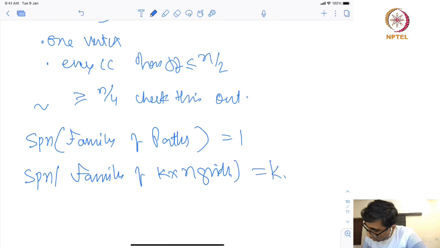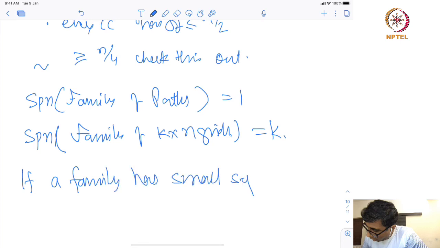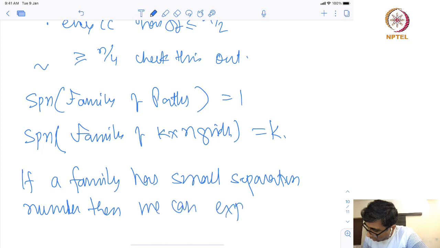So it seems that if a family has small separation number, then we can exploit it algorithmically.